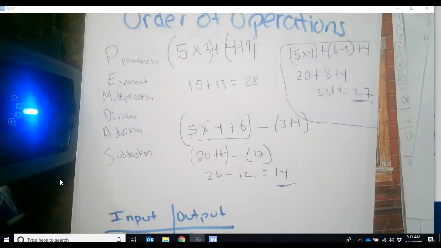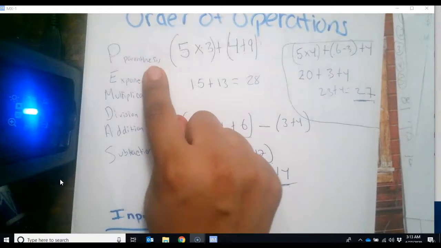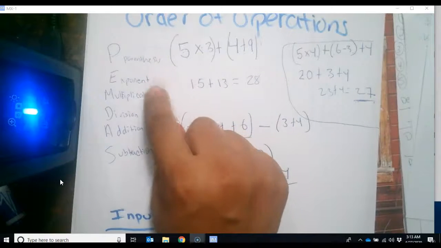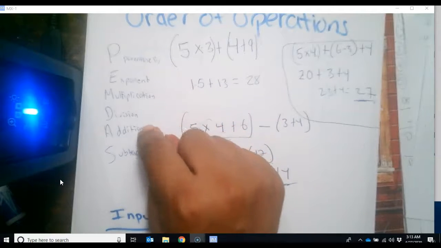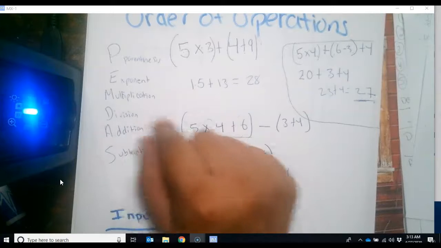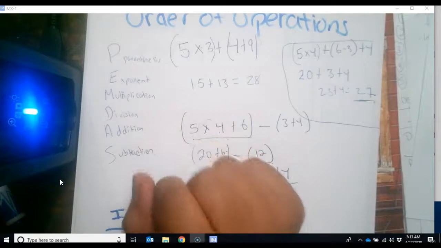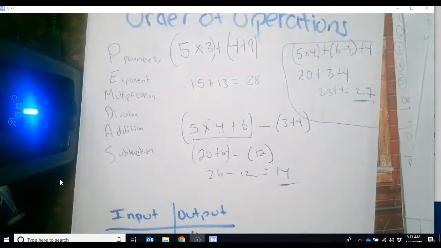It wants you to try where would you put parentheses to get a particular answer. So just remember your rule. Parentheses goes first, exponent next, multiplication, division, and addition, subtraction, whichever comes first, from left to right. Okay, so that's just a quick review.